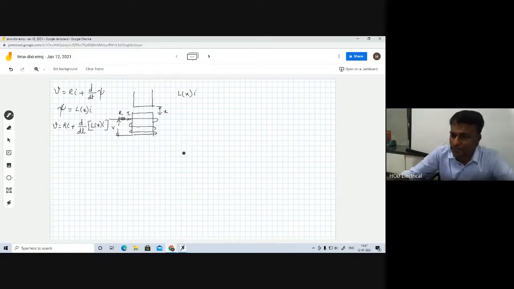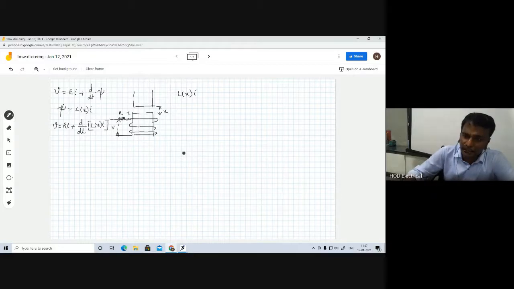You already know that if there is a moving part, the inductance is a function of distance. So the inductance is not constant; it varies with respect to distance as well.